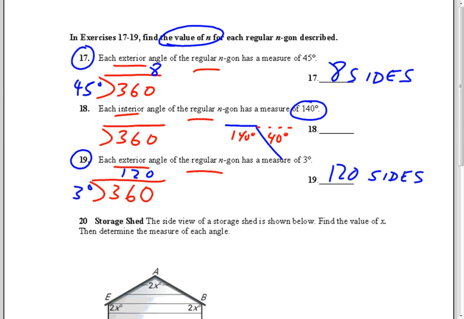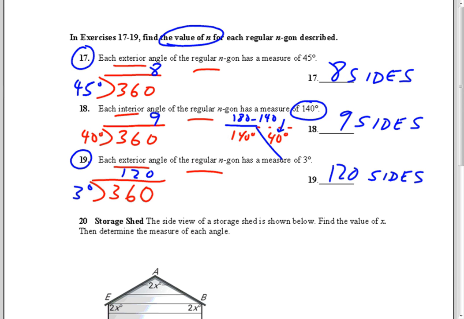So that's what I want to use. Even though it wasn't being asked for, I jumped to the outside. 360 divided by 40 is 9 sides. You did not want to use 140 with this because 140 was an interior angle. Do your 180 minus 140. That gives you the 40. Same process basically as the previous 3 problems.